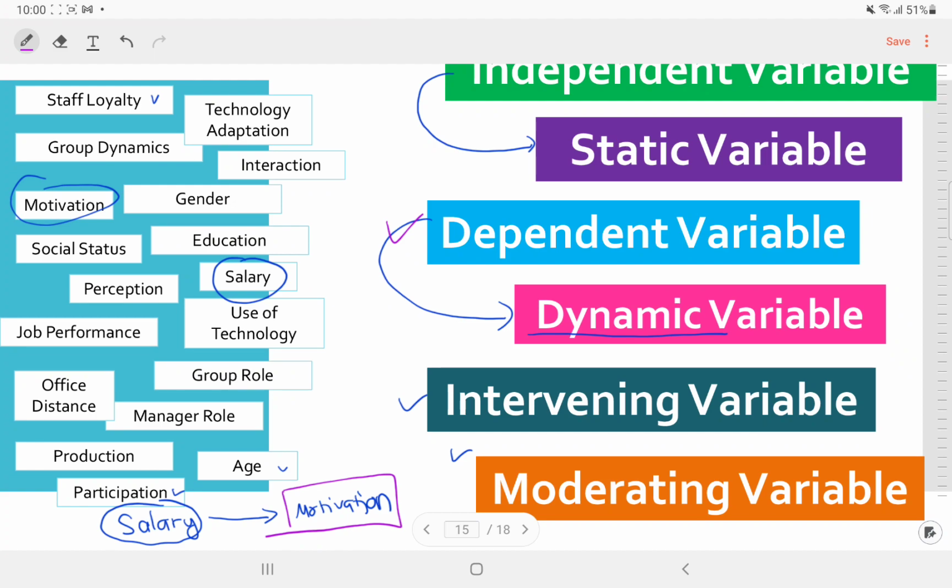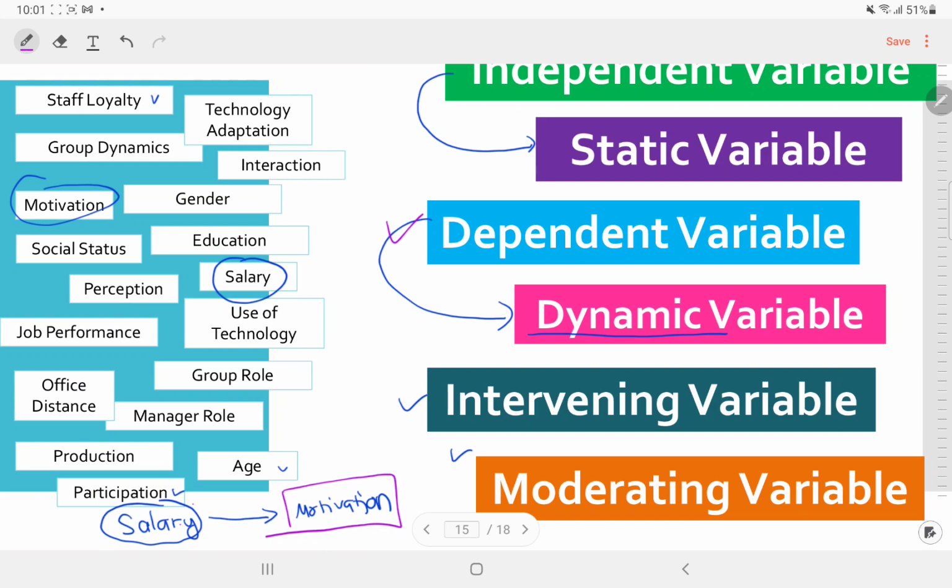The positive influence means that the higher the salary, the higher the motivations. If the salary is high, the motivations will be high as well. Or the lower the salary, the lower the motivations. It can be higher and higher or lower and lower, but you should notice that they will have the same direction.